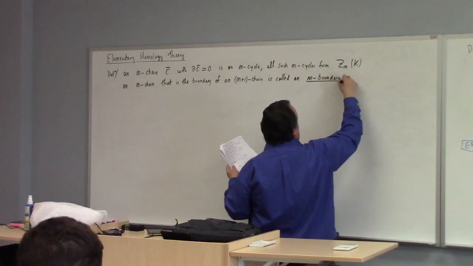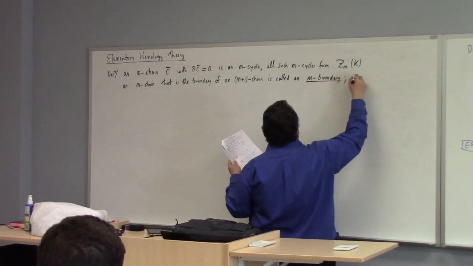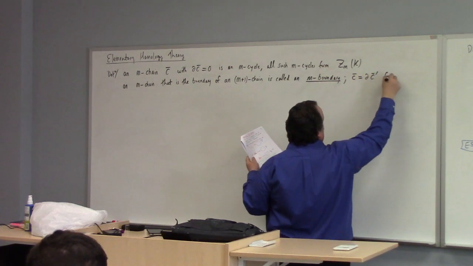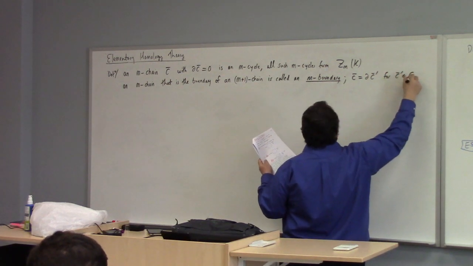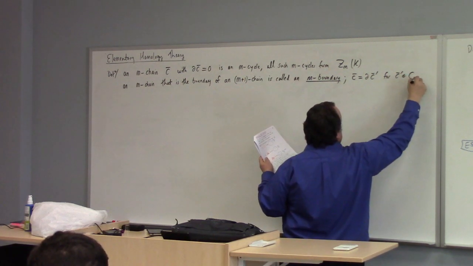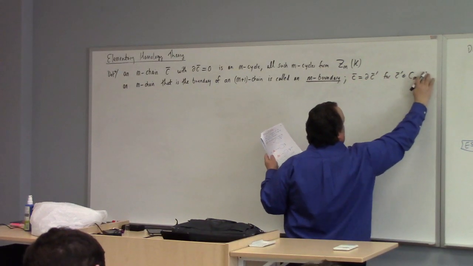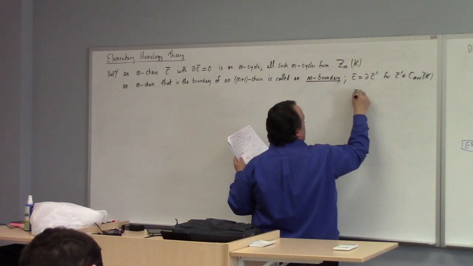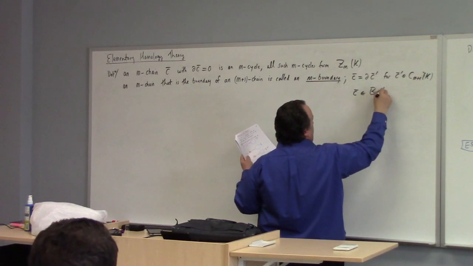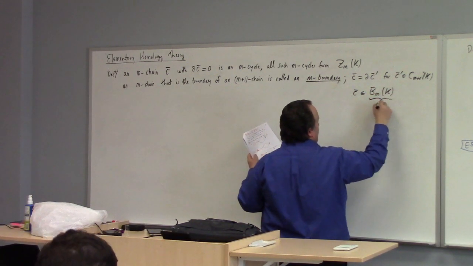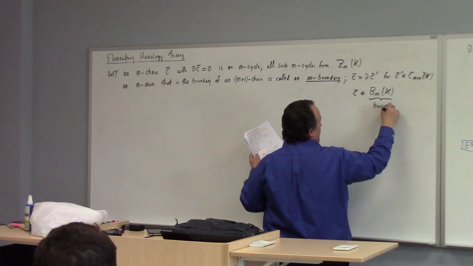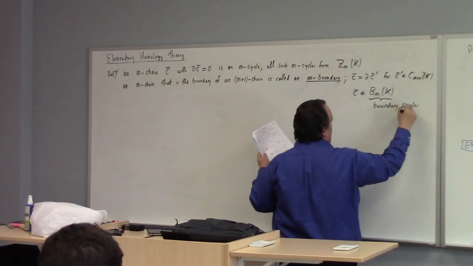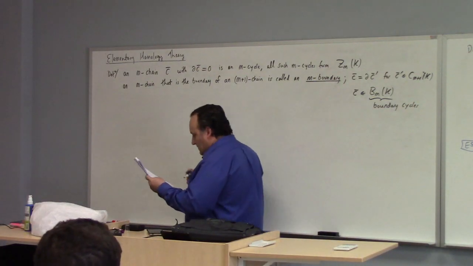That means C bar is equal to the boundary of C bar prime for C bar prime in C_{M+1}. Okay, and then we say the set of all of those is B_M K. These are the boundary cycles, or the boundary M chains.